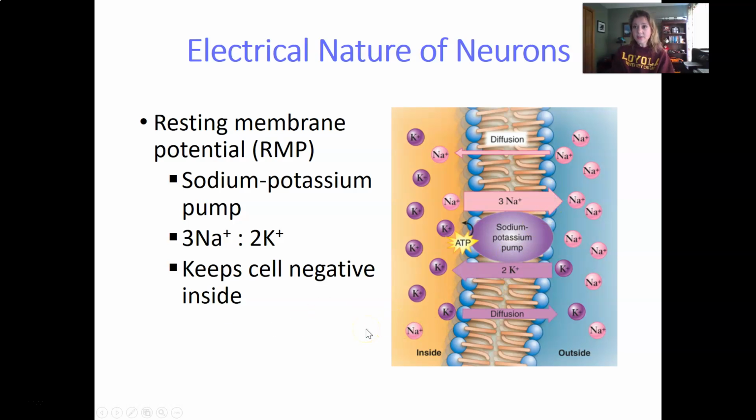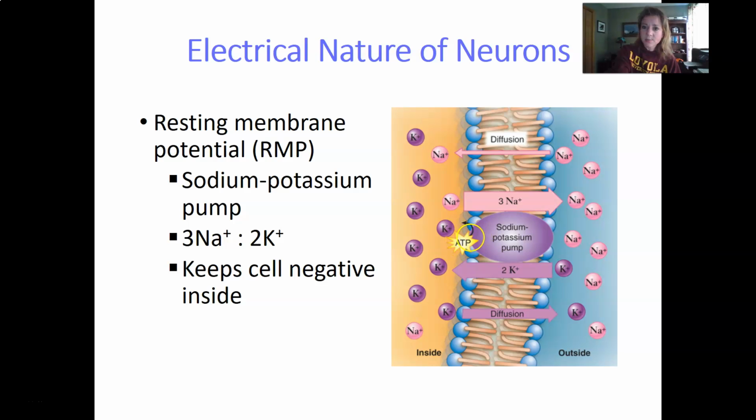Okay, another channel that we have embedded within the membrane of our neuron is called the sodium-potassium pump. This sodium-potassium pump is also responsible for maintaining our resting membrane potential, or our RMP, at about negative 70 millivolts. So the sodium-potassium pump is going to use active transport, which means that it requires ATP, which you can see here inside of our picture.